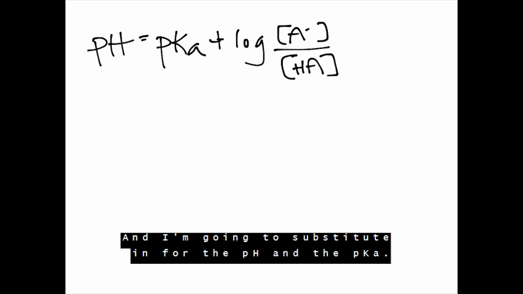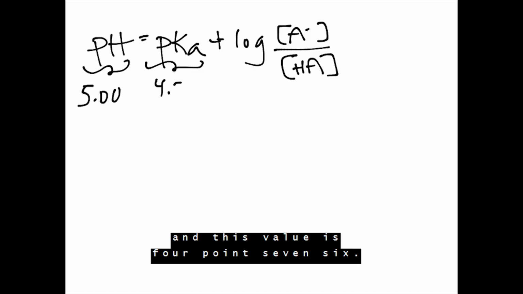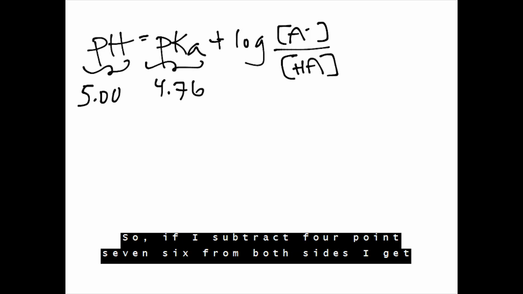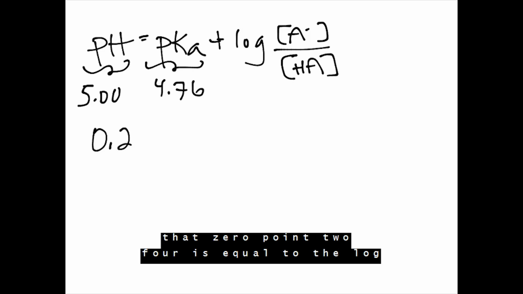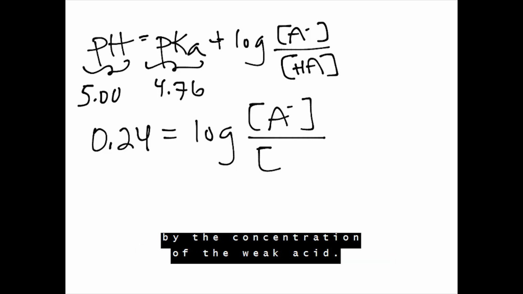I'm going to substitute in for the pH and the pKa, so we know that this value is 5.00 and this value is 4.76. So if I subtract 4.76 from both sides, I get that 0.24 is equal to the log of the concentration of the conjugate base divided by the concentration of the weak acid.